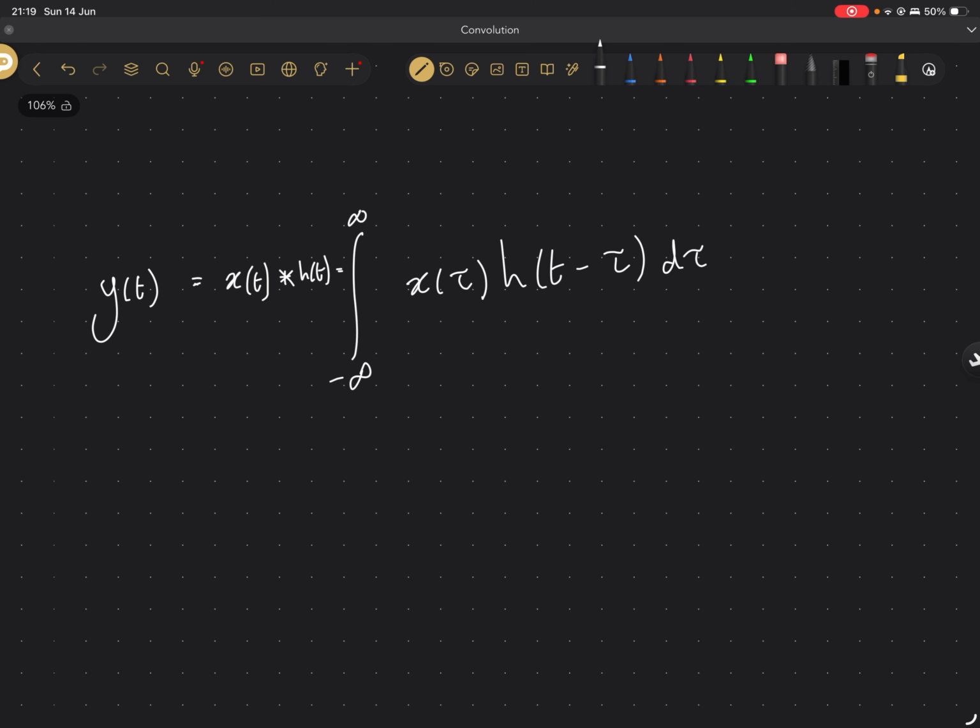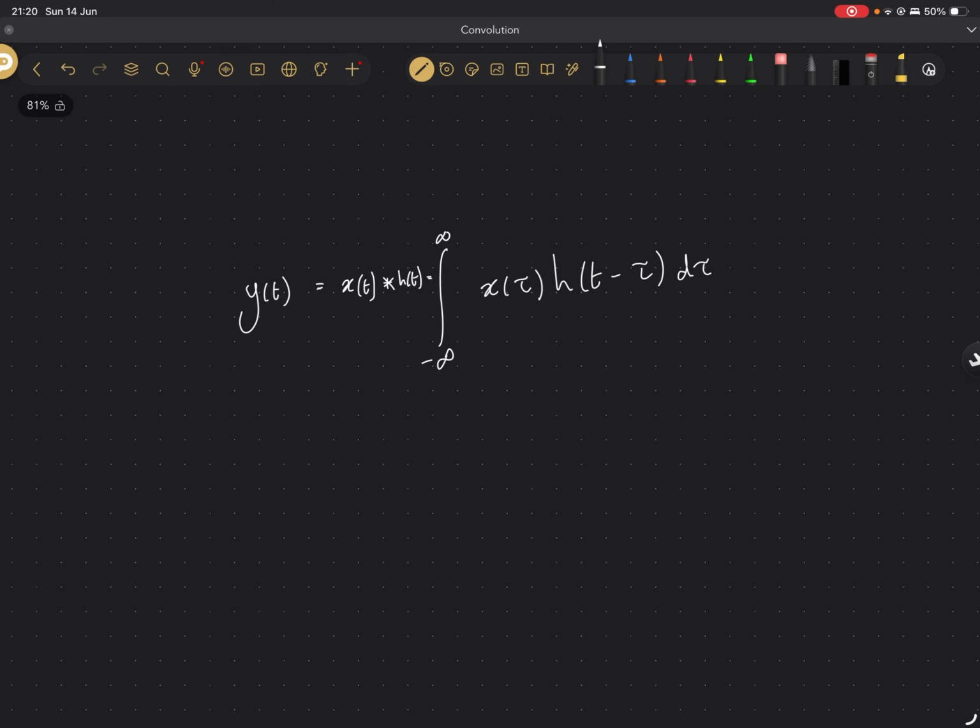And t is more of the continuous version, because x of tau is just a single value. It's a constant, it's a scalar. However, h of t minus tau, regardless, is a function. And that's a continuous function through time.